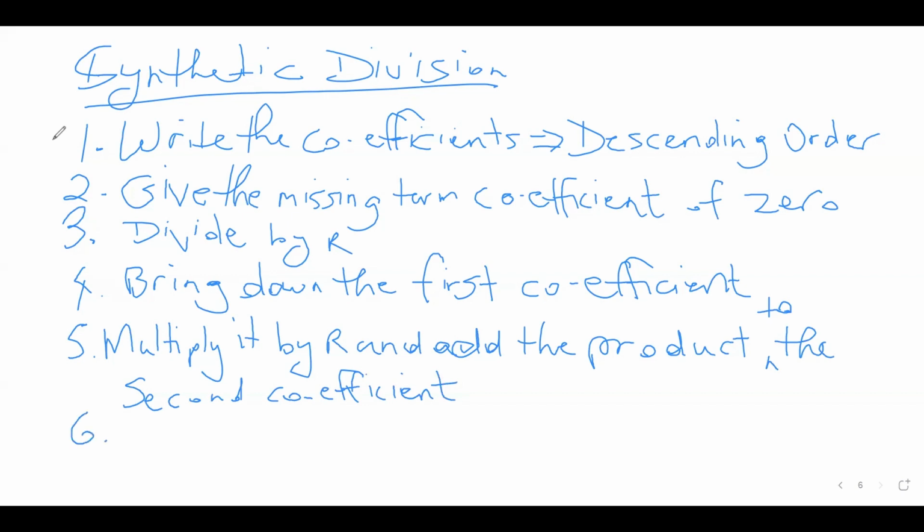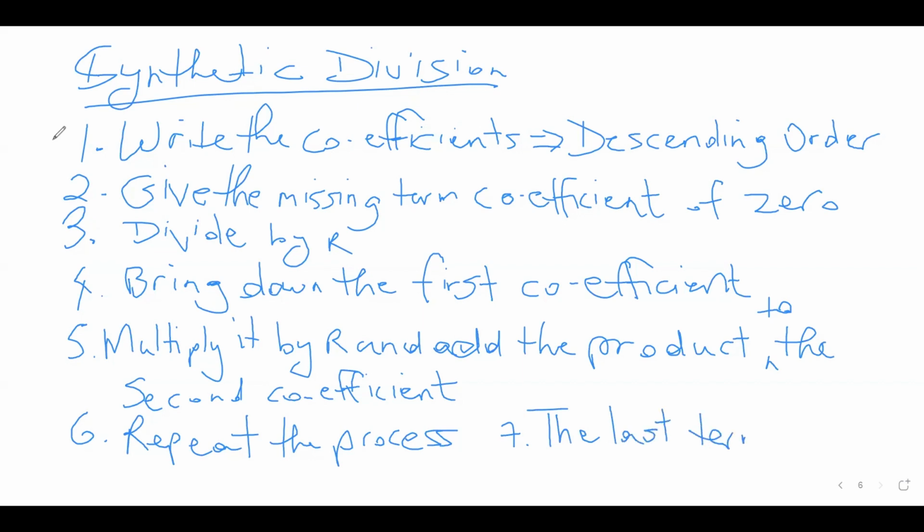Number 6, repeat the process. And number 7, the last term is the remainder. We know that. Okay? And that's how we do synthetic division. Now, I'm going to do an example of that.